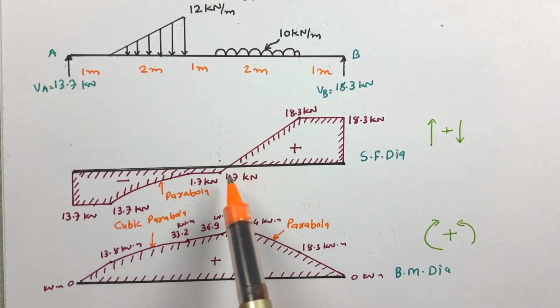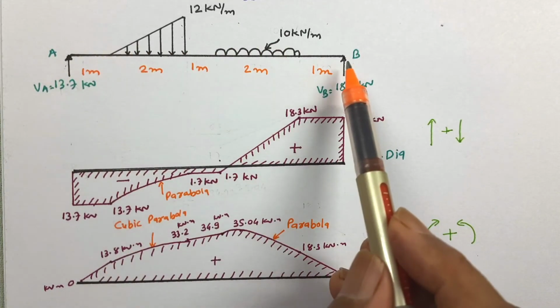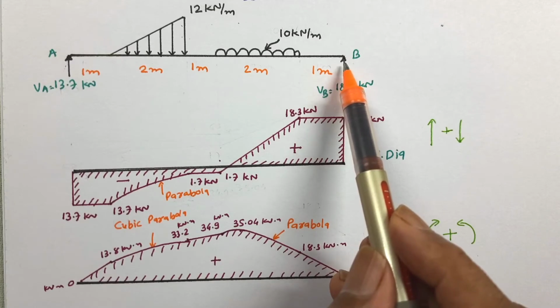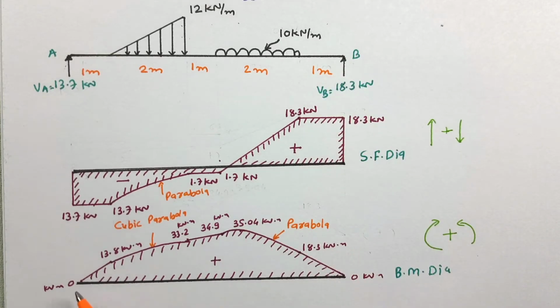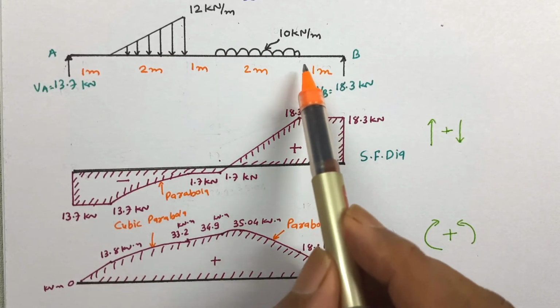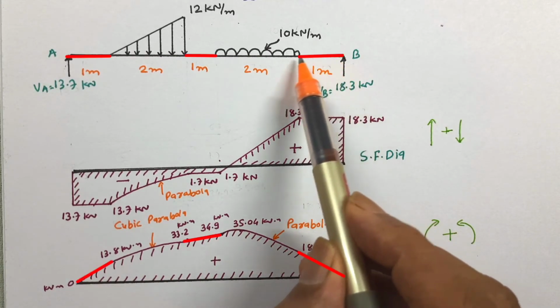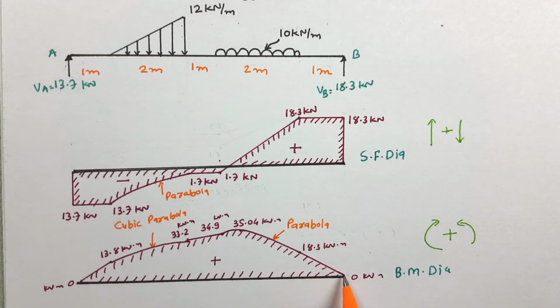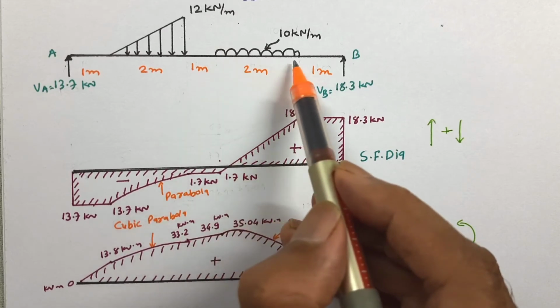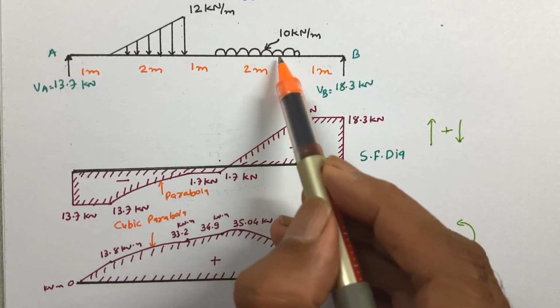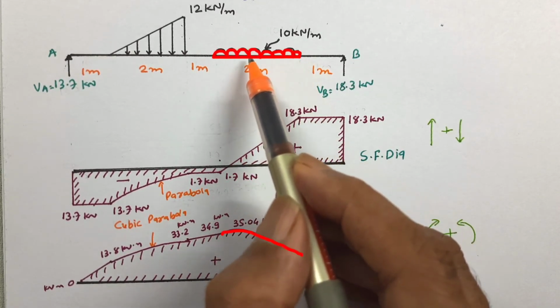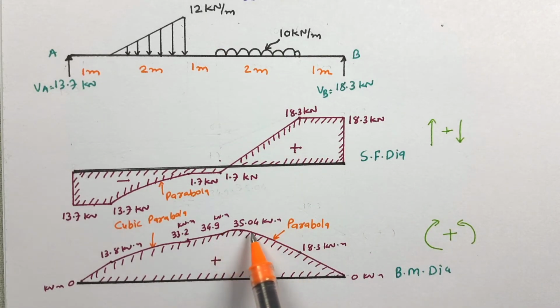For bending moment diagram, at a simply supported end the bending moment will always be 0, and at the free end of a cantilever beam the bending moment is always 0. In the portion of beam where there is no load, in the bending moment diagram there will be an inclined line. In the portion of beam where uniformly distributed load is acting, there will be a parabolic line.